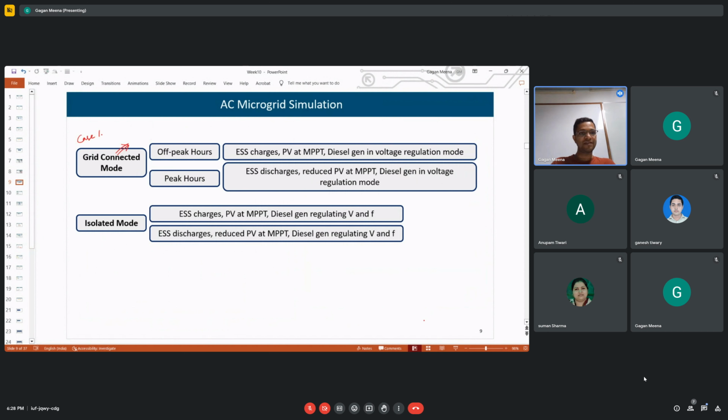So, can you tell what are the adverse impacts of unbalance in the system? What will happen if there is unbalance? Circulating current will move in the system, which will damage the system. Circulating current?